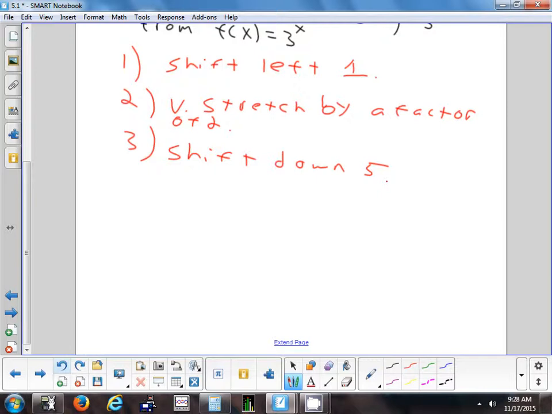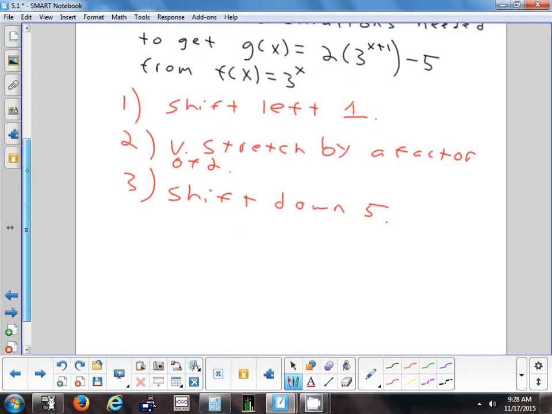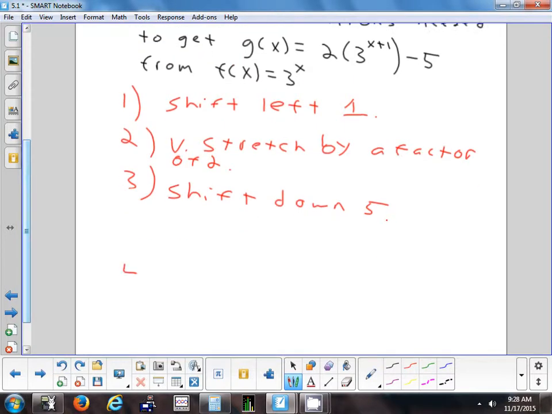All right, so I'll give you an example with everything in it. If you had something like negative 4 times 3 to the negative 2x plus 1, plus 6. Okay, this is your horizontal shift. This would be your horizontal.